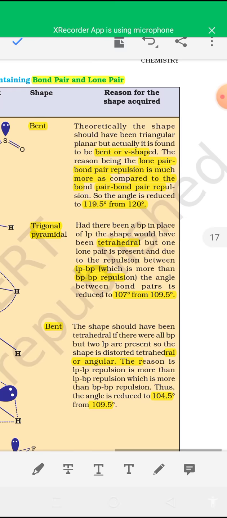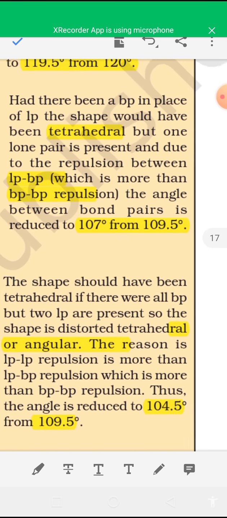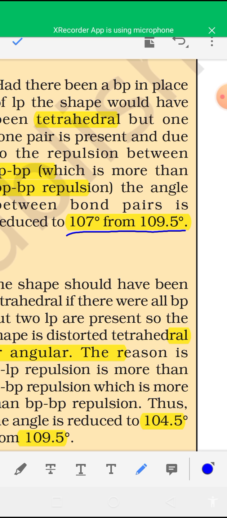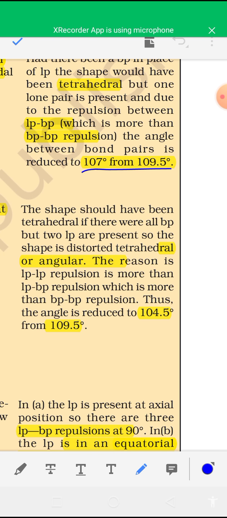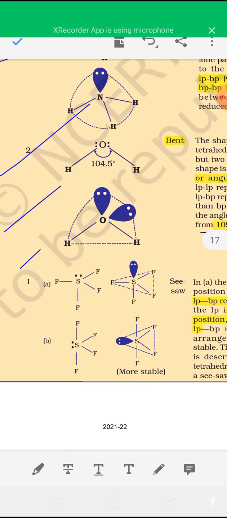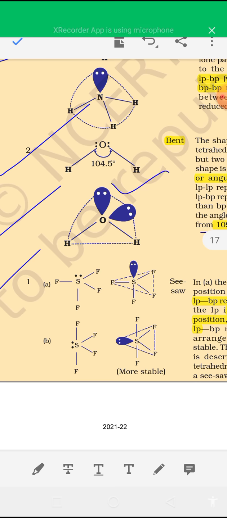So the bond angle of ammonia changes from 109 to 107 due to the presence of 1 lone pair in ammonia, due to lone pair bond pair repulsion. In water, the bond angle changes from 109 to 104. The bond angle is reduced due to the presence of 2 lone pairs on oxygen, because lone pair repulsion is more than lone pair bond pair repulsion, which is more than bond pair repulsion.